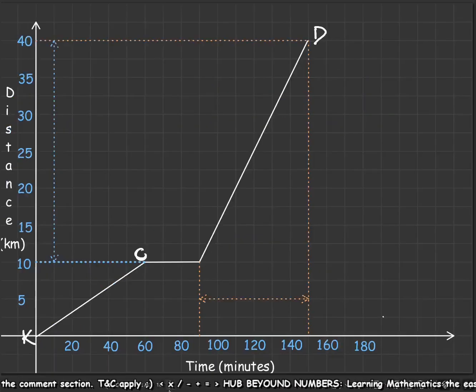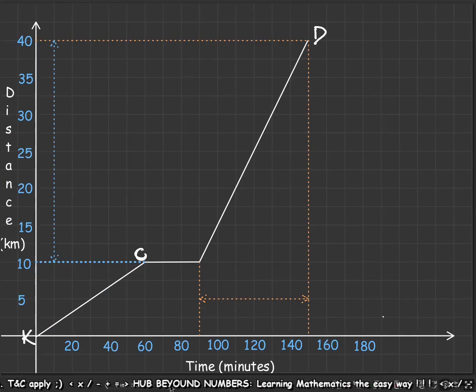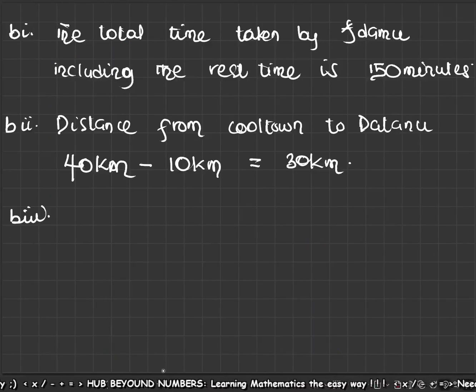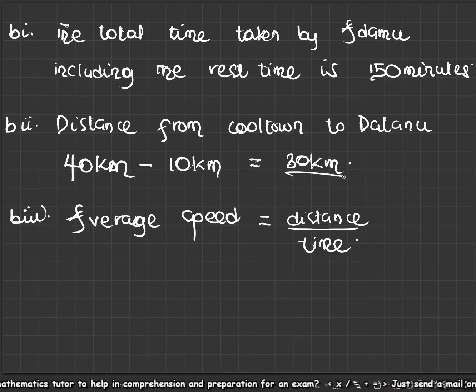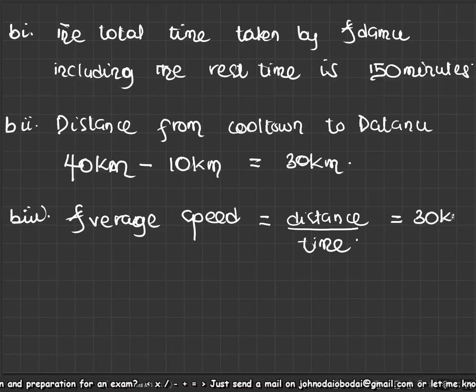Now, if you want average speed, then we want the distance over the time. Average speed is distance over time. So let's write that here. Average speed. Now, talking of the distance, that is what we've solved over here. Kutown to Datanu, and that is going to be what? 30 kilometers over. Then we are left with the time.